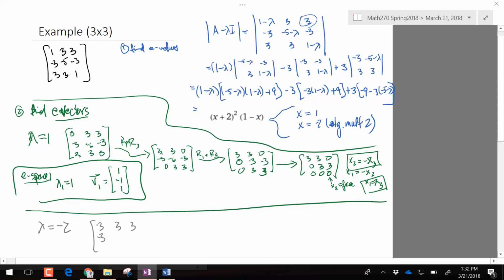Minus 5 minus negative 2. Minus 5 plus 2 minus 3. And then I have a 3, 3, and then I have a 1 minus negative 2. 1 minus, that's going to be 3 again. So we got a thing full of 3s here. So basically, if you row reduce this, you're going to get a row of the same numbers and then zeros for the other 2 rows.